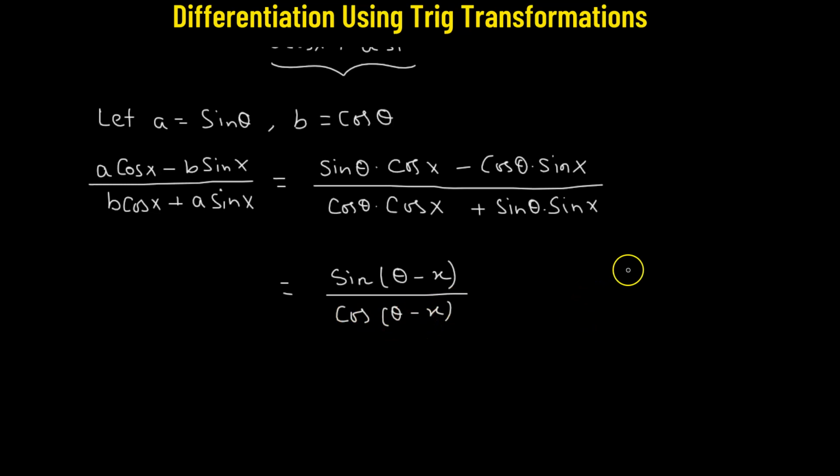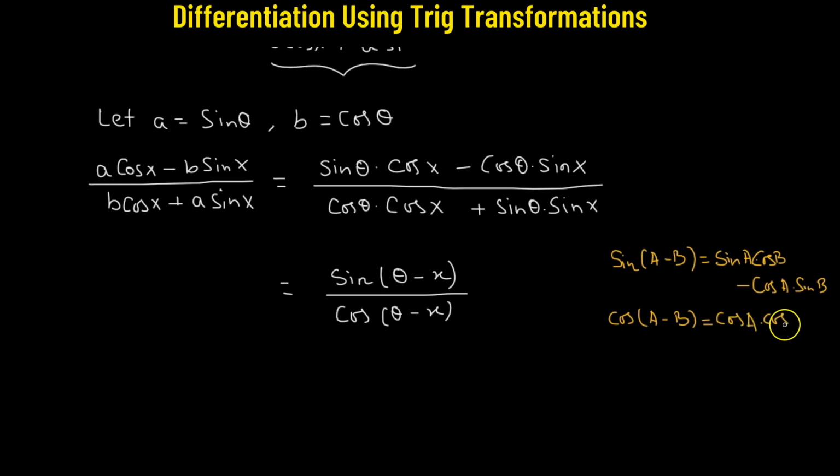So what we have done here, we have made use of the fact that whenever we have sine of a minus b, that's given by sine a times cosine b minus cosine a times sine b. And if we have cosine of a minus b, that will be given by cosine of a times cosine of b plus sine of a times sine of b.